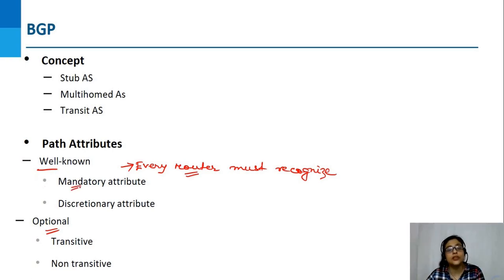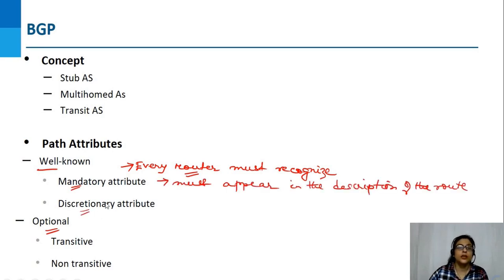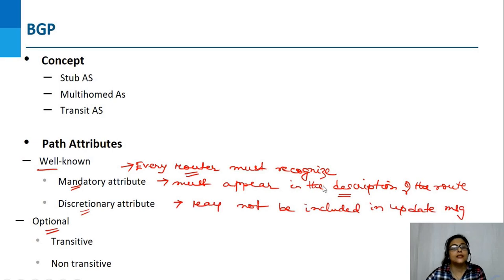One is a mandatory attribute and the other one is a discretionary attribute. The mandatory attribute is one which must appear in the description of the route, whereas discretionary attribute may or may not be included in the update message.